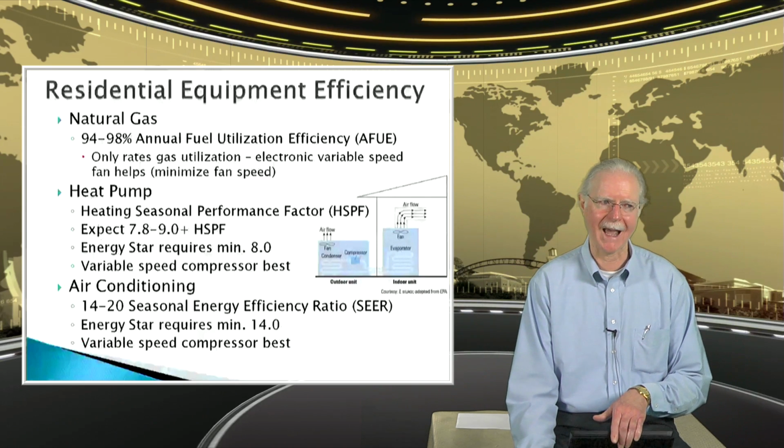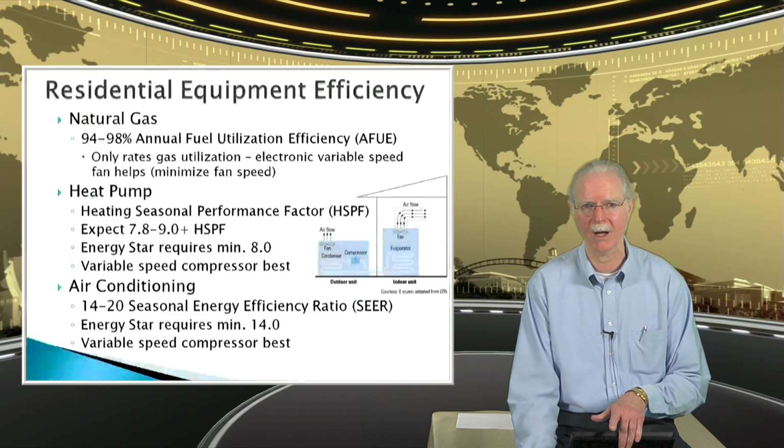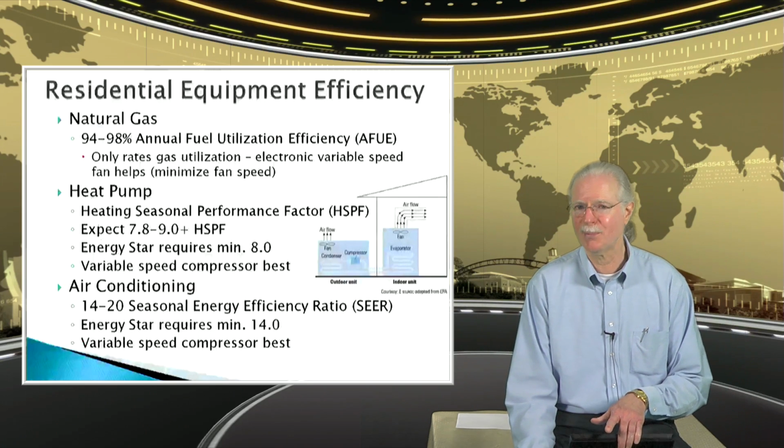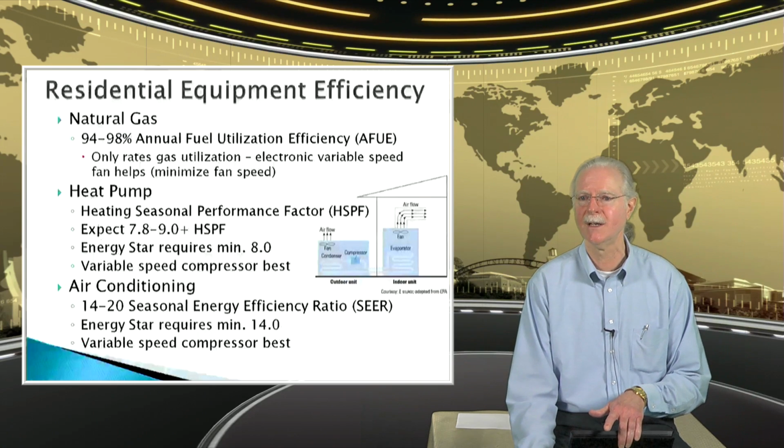So as the natural gas enters the furnace, how much heat potential is there in that natural gas compared to how much actually ends up in the air when it leaves the furnace. So it's just talking about the equipment itself, what's going on there. So you can see we do a pretty good job of squeezing energy out of natural gas.